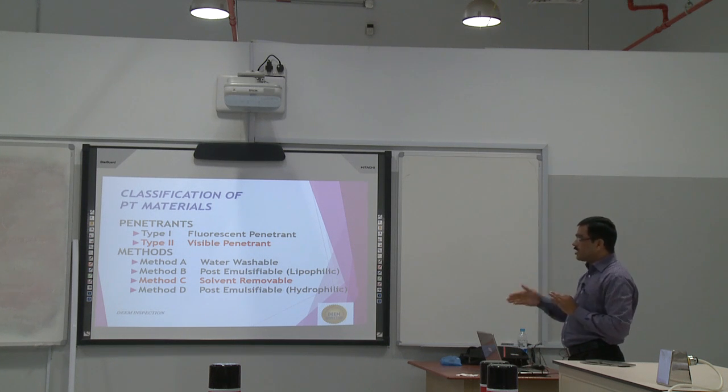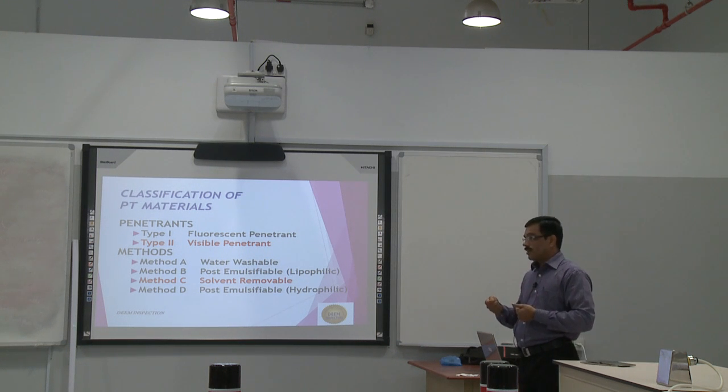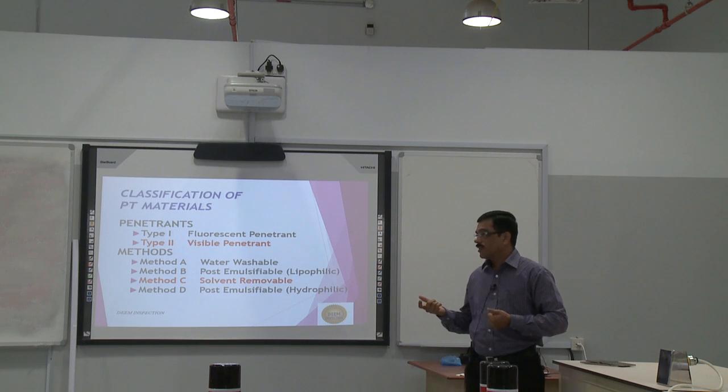And there are some methods also, decided based on how we remove the penetrant from the surface. Method A is water washable. Instead of solvent, we can use water, but that's a different penetrant.